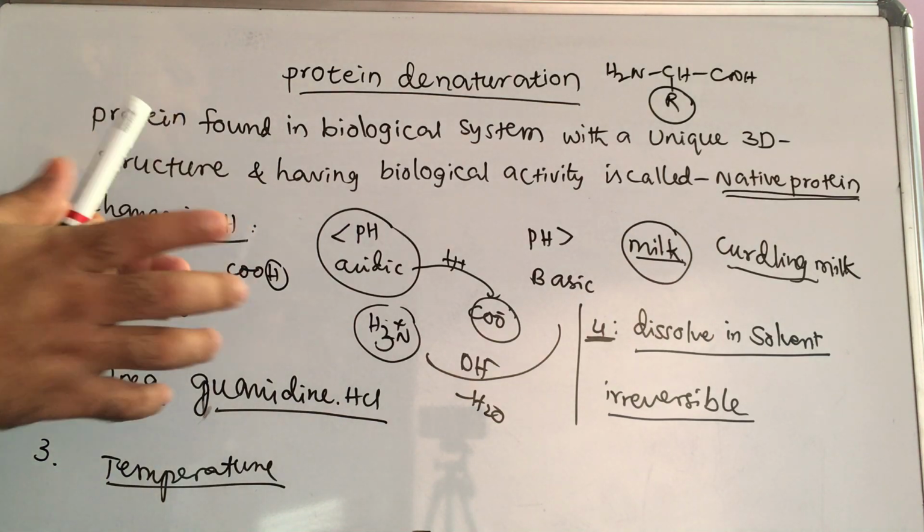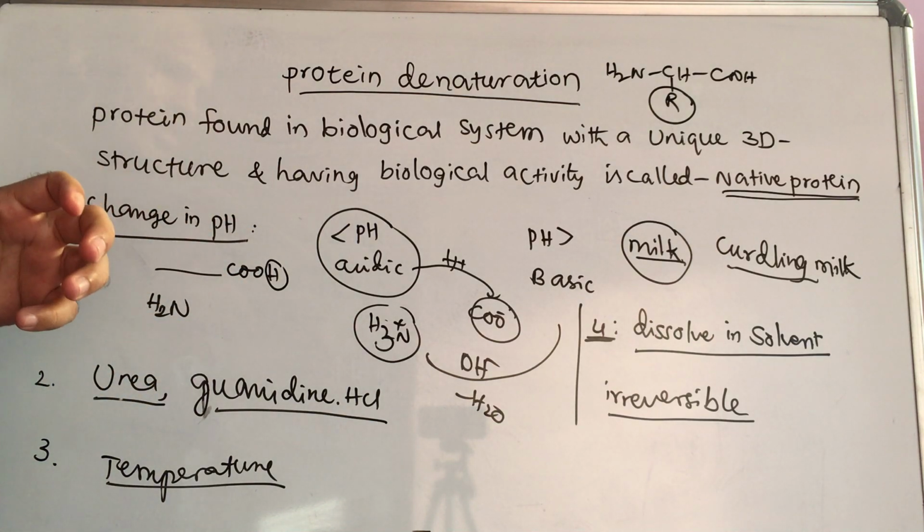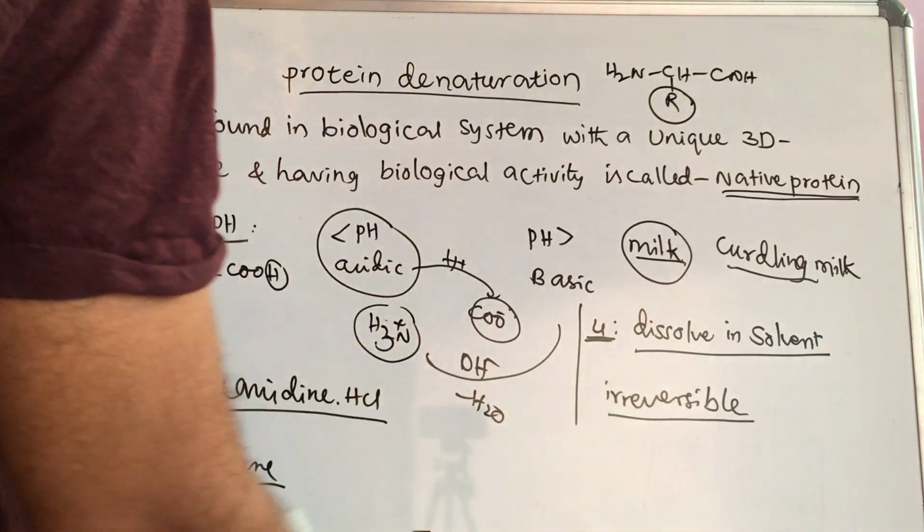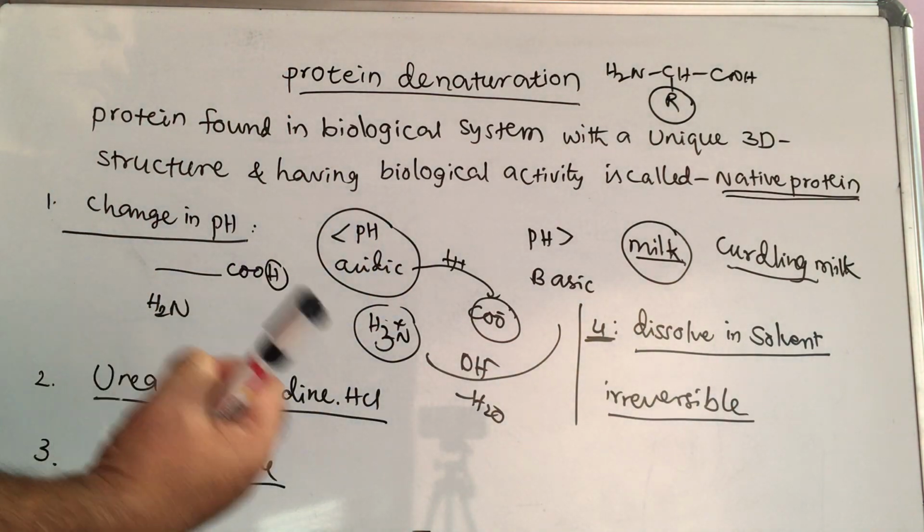A protein dissolved in a salted-out solution is mildly denatured. When it is removed and dissolved in a less concentrated salt solution, it regains its natural activity, and that is called the native protein. So protein denaturation is reversible and irreversible, but in maximum cases it is irreversible, and only in very rare cases reversible.